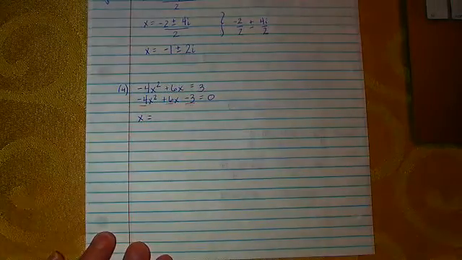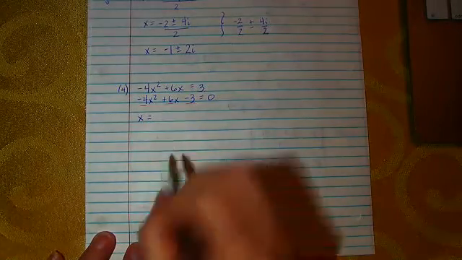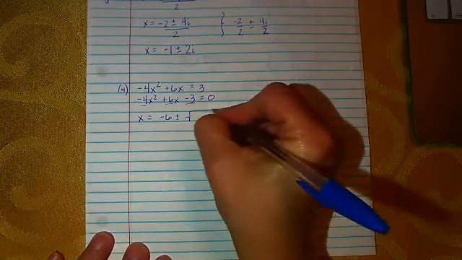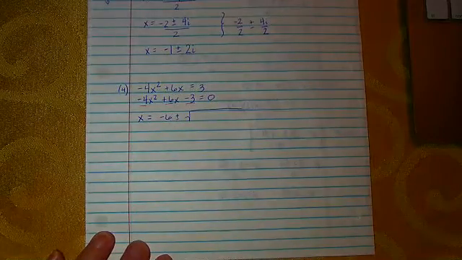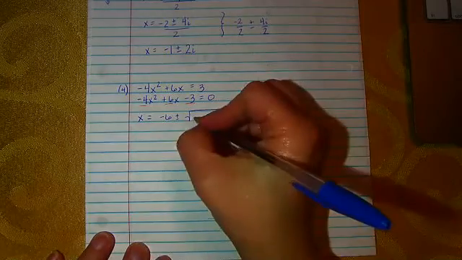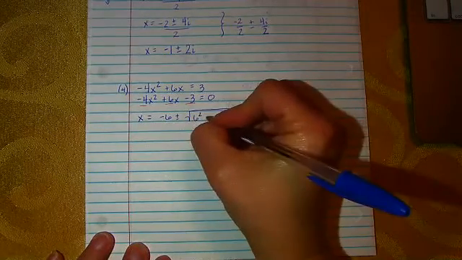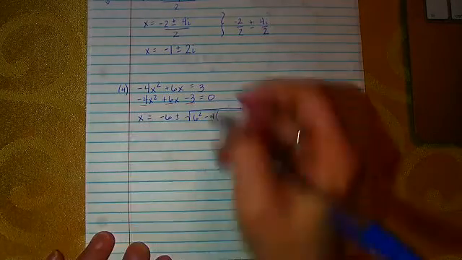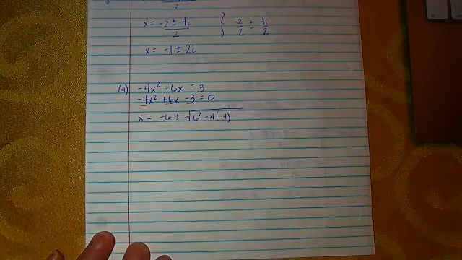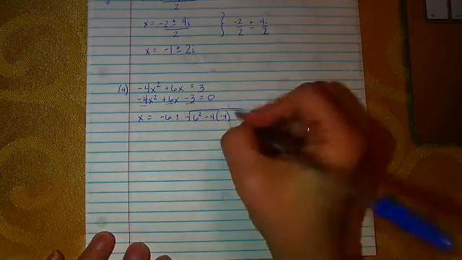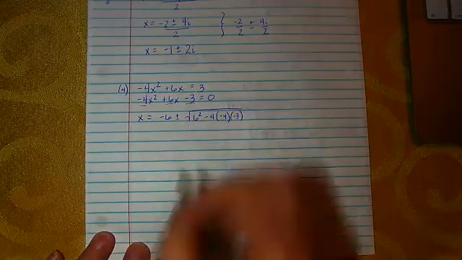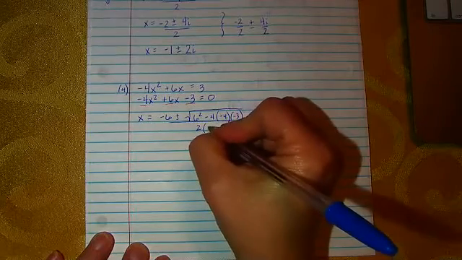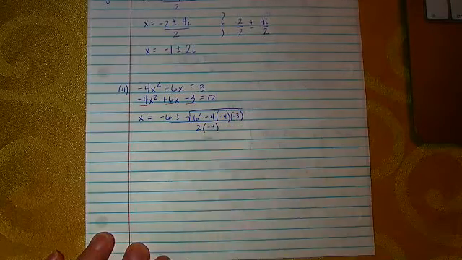So x equals opposite of b, -6, plus or minus the square root of, we need b squared, so 6 squared minus 4 times a, a is -4, times c, c is -3, all over 2 times -4, that's my a.